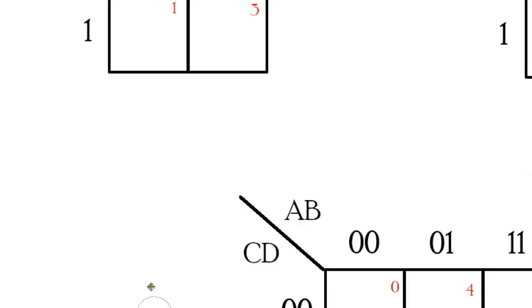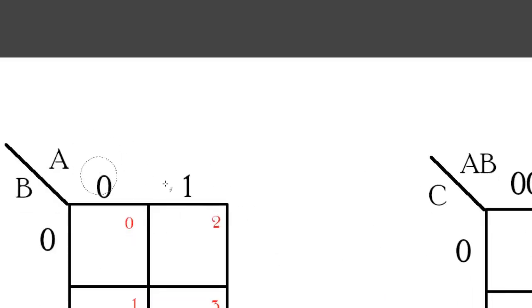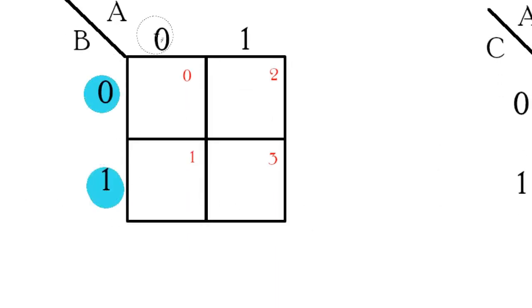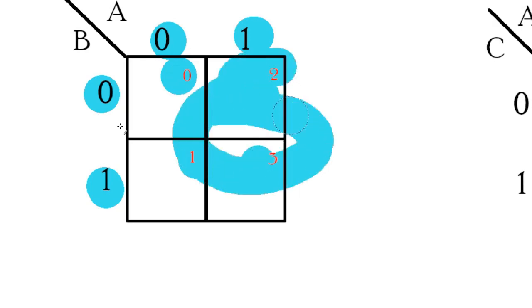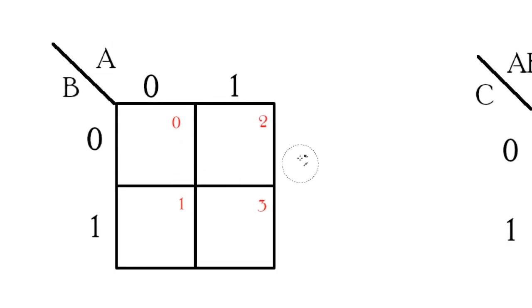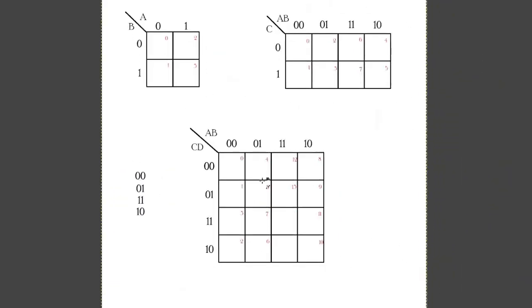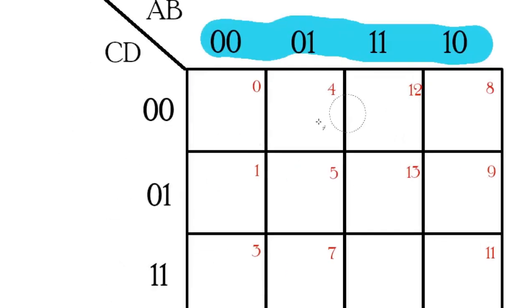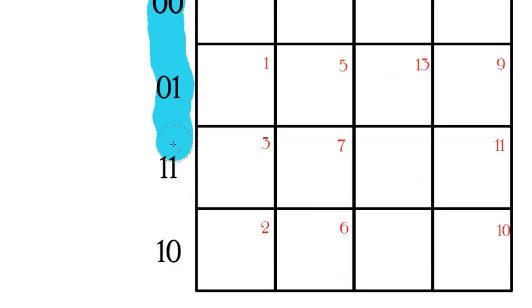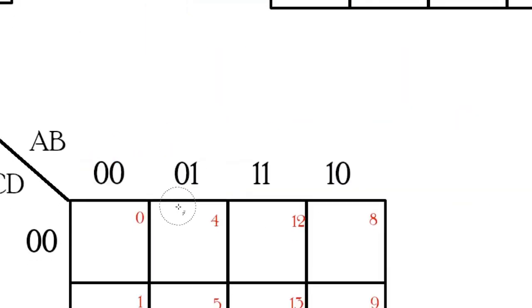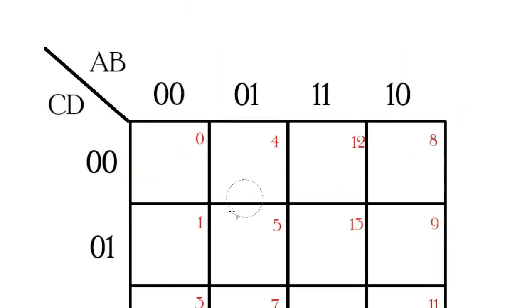Okay, now we'll talk about how the numbers around the K-map actually decide the numeric value that is given to each of the squares, right? Even though this is the usual pattern that you see for these numbers situated around the K-map, that doesn't mean that's the only way it can be.